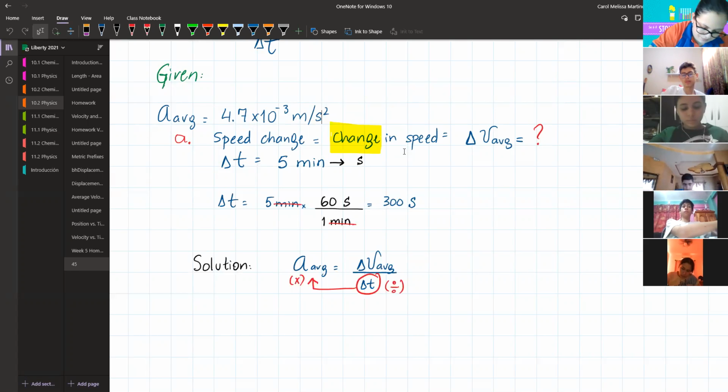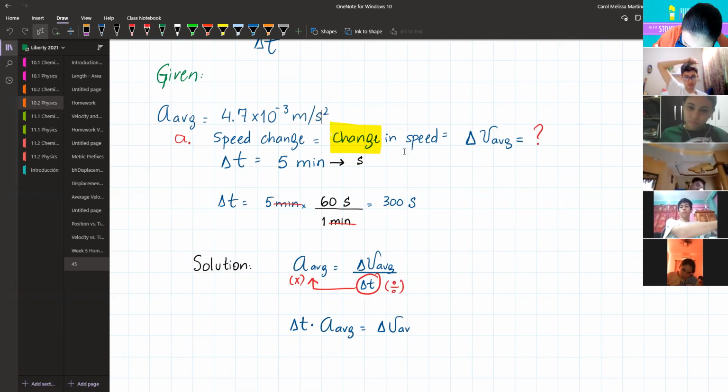So this is going to be delta t times average acceleration equals delta velocity. Now this is your equation already isolated for delta v. I don't like the way it looks, so I'm going to change the position, because I like to have it on the left. That's a personal choice.